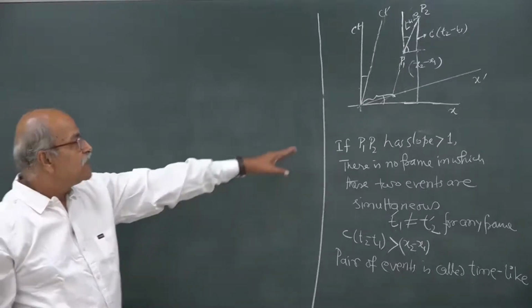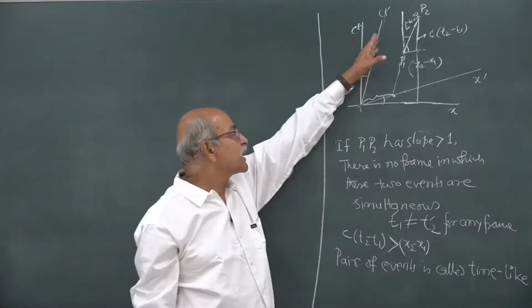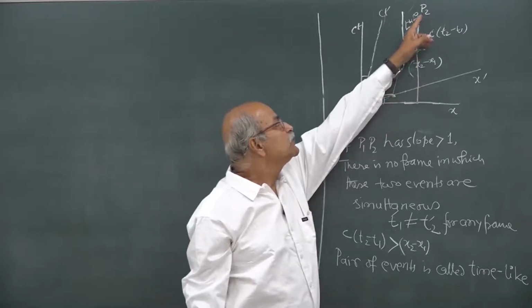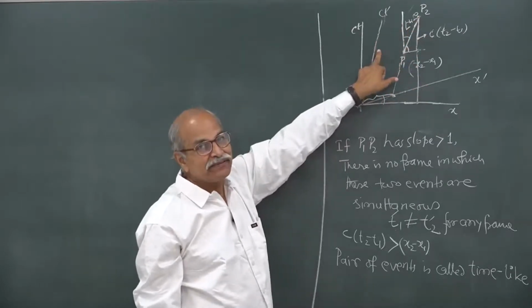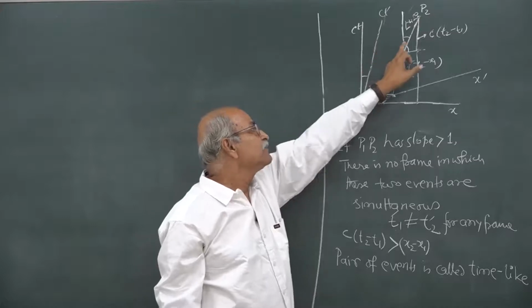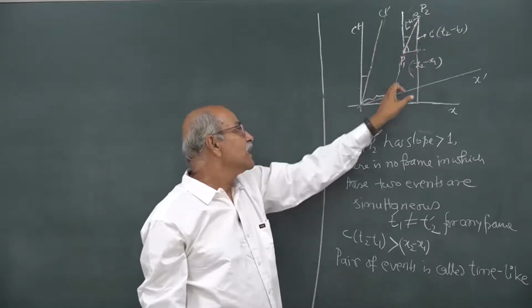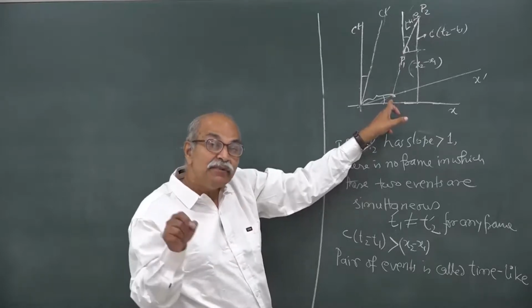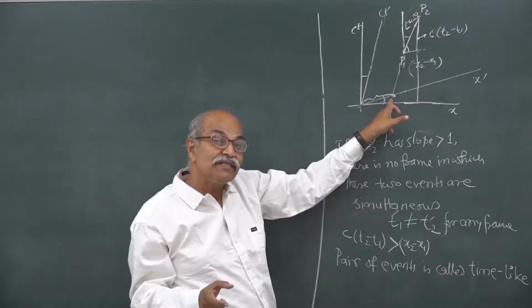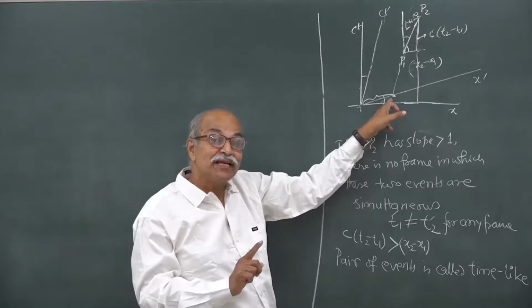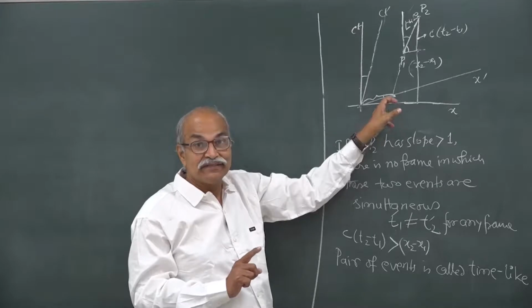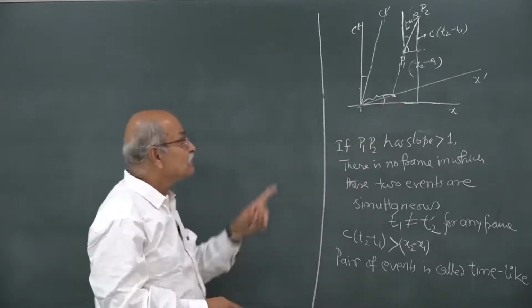So, this frame that we have drawn here, x prime frame, S prime, and this P1, P2 is parallel to the CT prime line. So, in this frame the two events are occurring at the same position, and therefore, the time interval between these two events as measured in this frame S prime is the proper time interval between these two events. Okay, remember that.